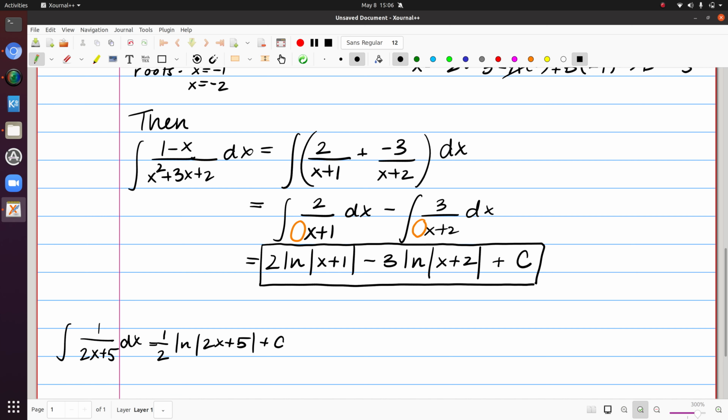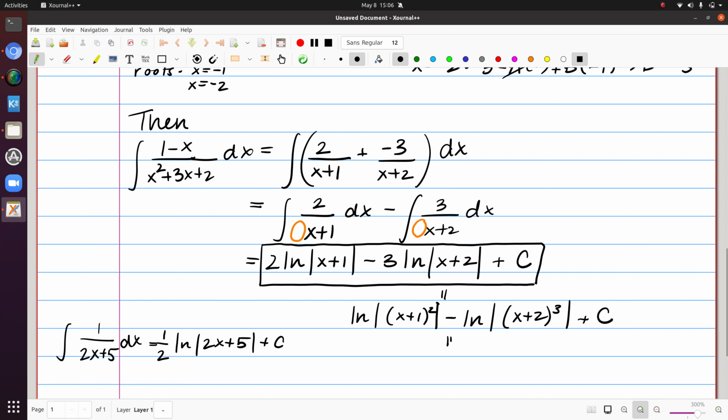And then the last thing I'll mention is that because of log rules, there are lots of ways that you could express this final answer. How we wrote it here is fine. I'll point out sometimes when we talk about improper integrals later, it might be better to condense things. So this is equal as well to the natural log of (x plus 1) squared minus the natural log of (x plus 2) cubed, because of log properties where you can bring in the multiplier outside.